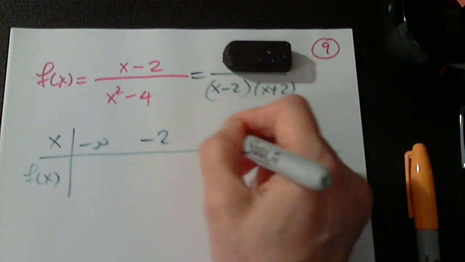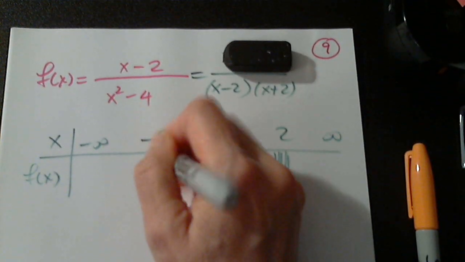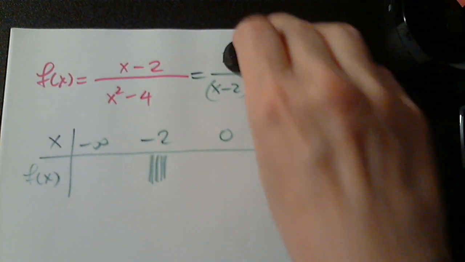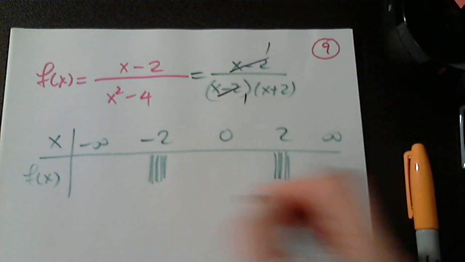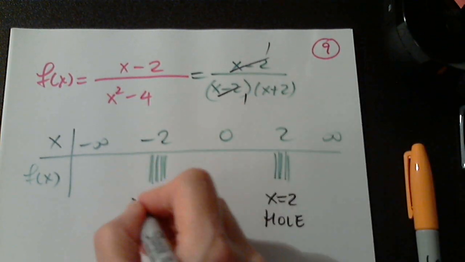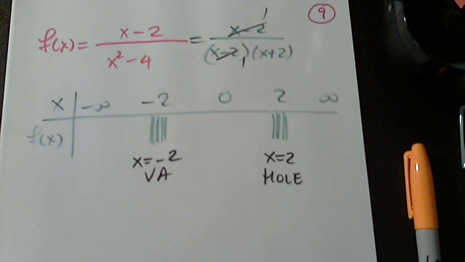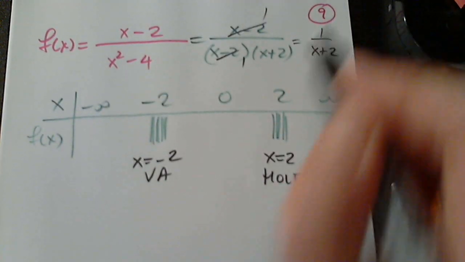I know the domain is this. And after I write the domain, I'll say, now I see what you're trying to trick me, so x equals 2 is a hole. X equals negative 2 is a vertical asymptote. The simplified form is 1 over x plus 2.